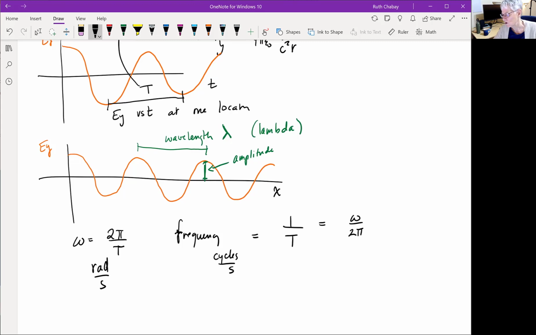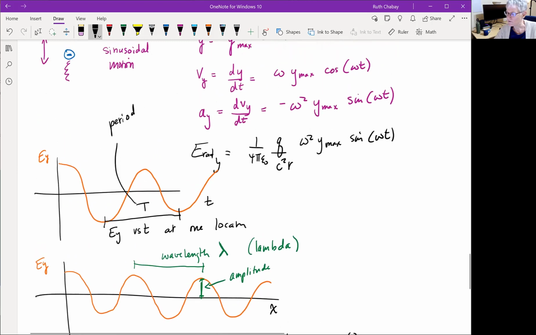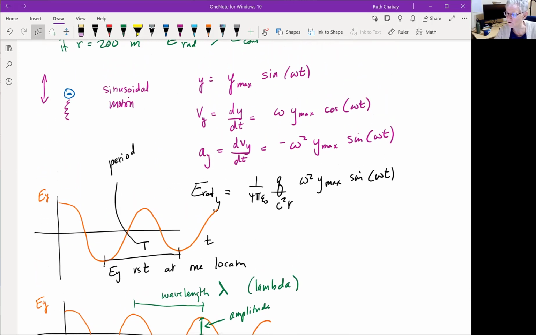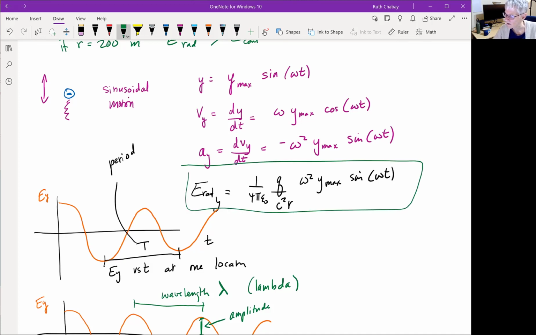Now, the symbol for amplitude, I don't think there really is one. In many equations, it's just written as a capital A. But if we look up here at our equation for the radiative electric field, the amplitude is the maximum, kind of this whole thing, whatever is multiplying.